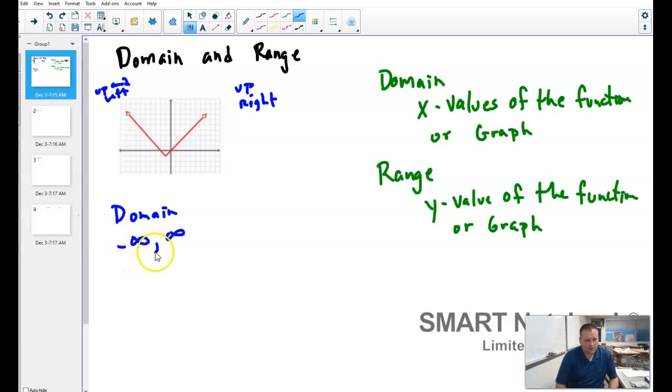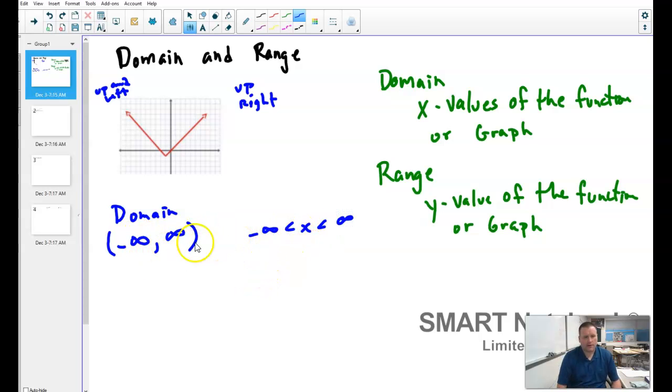I can write it negative infinity comma infinity with parentheses around it, or I could write it as an inequality statement, using your x values: x is greater than negative infinity, x is less than infinity. So it pretty much is the same thing.